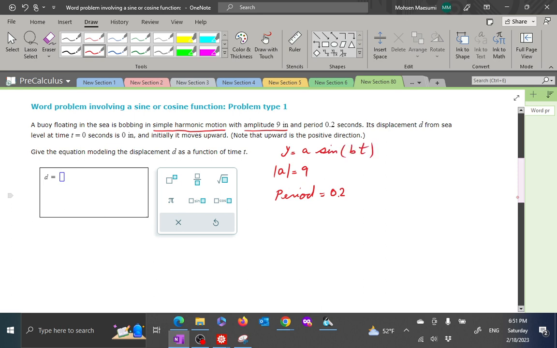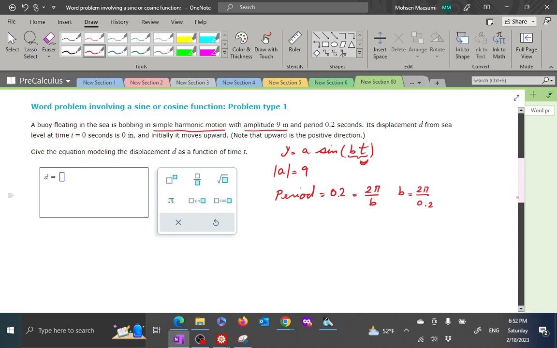The absolute value of a is 9, and the period is 2 pi over b. When bt becomes 2 pi, we are repeating all over again, so the length of time it takes to go through that is the period, 2 pi over b. So what does this mean? It means b is 2 pi over 0.2.